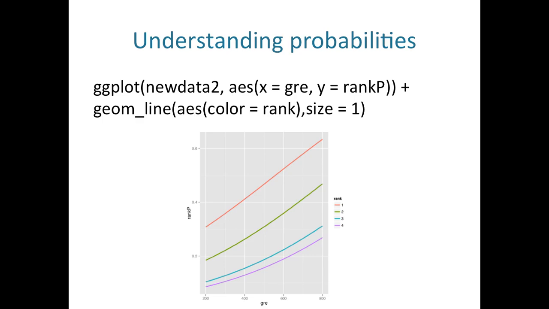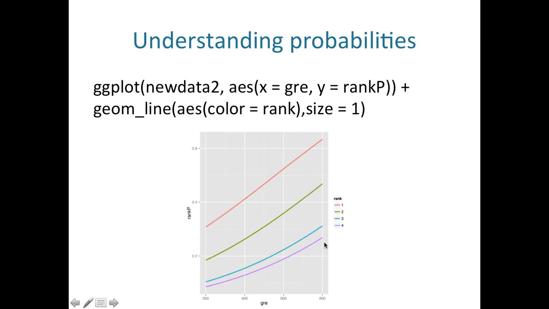Even independently of the GRE. It doesn't matter. If you have a GRE of 200, but your undergraduate institution is ranked 1, the probabilities bump up basically from whatever, from 0.5 to 0.3, just because of your undergraduate institution.